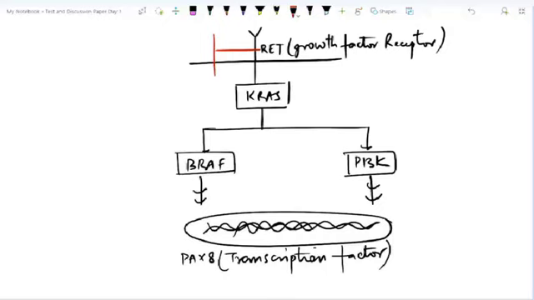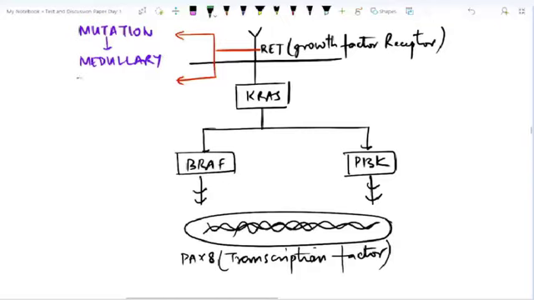RET proto-oncogene or RET growth factor receptor has two kinds of manifestations. If it undergoes a mutation, please remember M for mutation, M for medullary carcinoma. Whereas if it undergoes translocation, it is seen in papillary carcinoma.